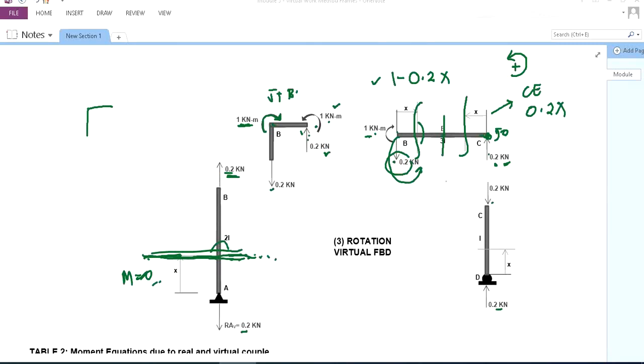We have 0, because when we take moment here, there is nothing to take moment of, so our value is 0. So, AB, 0. BE, 1 minus 0.2x. CE, 0.2x. And CD is 0.